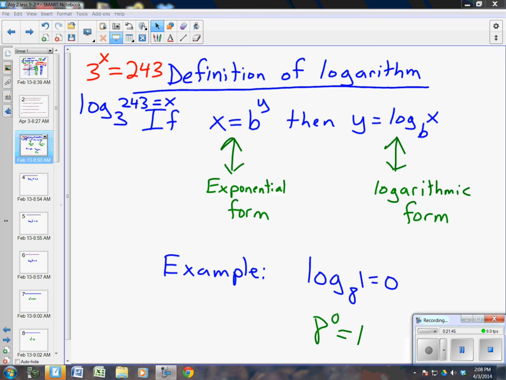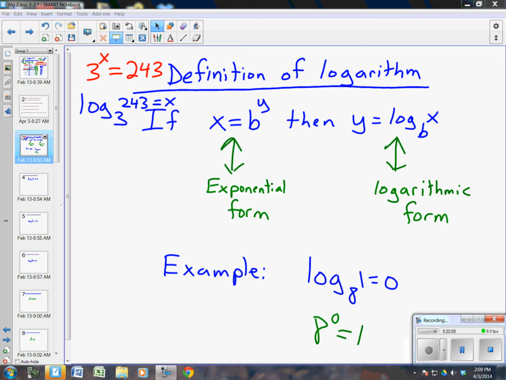Y is the exponent on this exponential part right here. So when you rewrite it, it's the part that's by itself. Okay? And then the x, you can see where the x goes. I let the x fall in where it does after that. I just remember the base of the exponent and the base of the logarithm are the same number. And the exponent of the exponential is equal to the number that's by itself on the logarithmic.